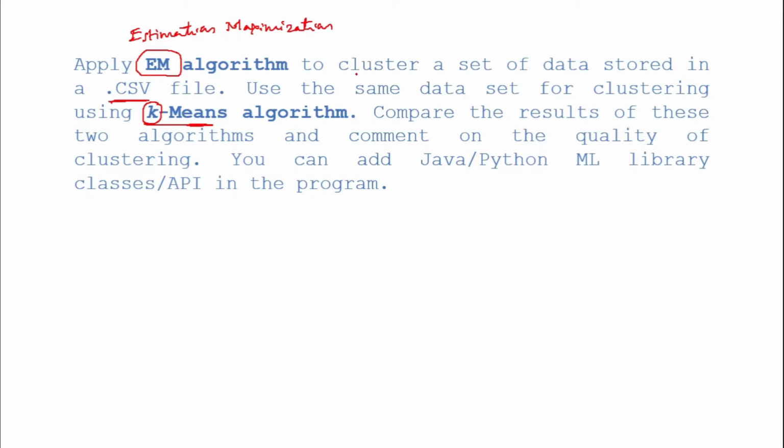And here to cluster a set of data stored in a CSV file, they have given a CSV file, and that CSV file name is Iris dataset. So Iris is a dataset of flower.